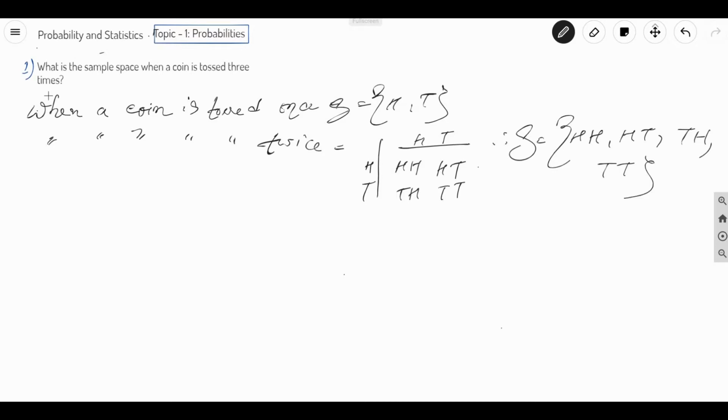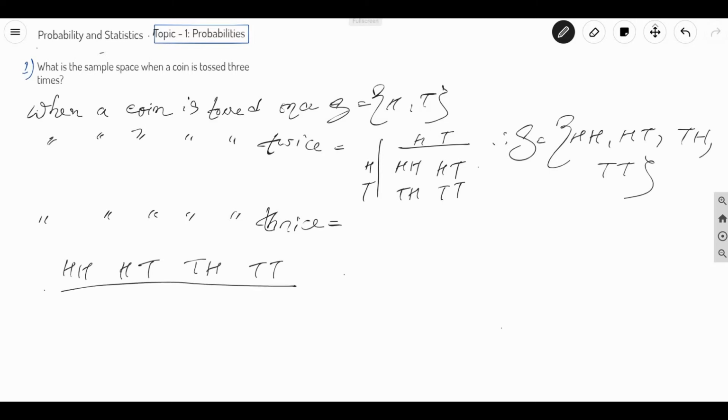Now let's find out when a coin is tossed 3 times. What happens then? So at first we draw the sample space tabular structure here. So above we'll have head head, head tail, tail head, and tail tail.